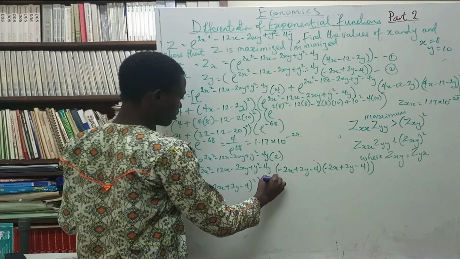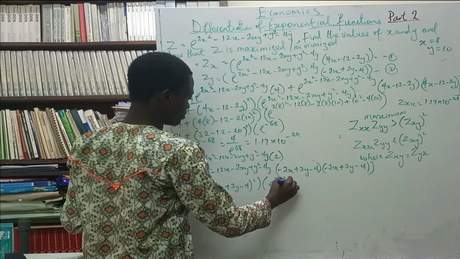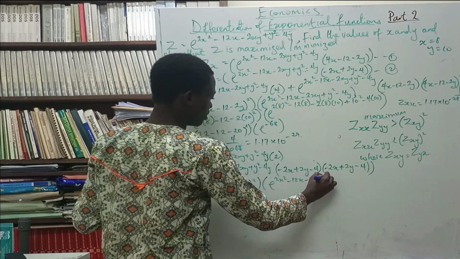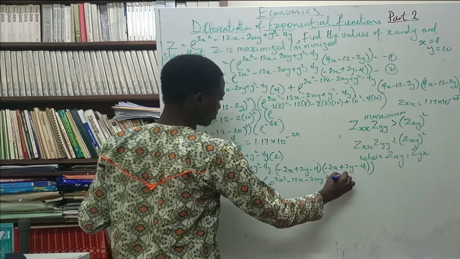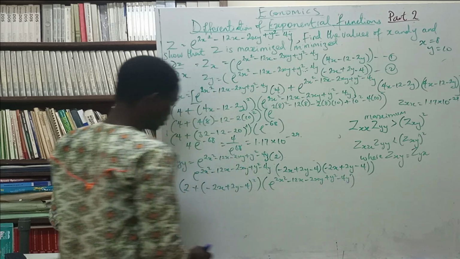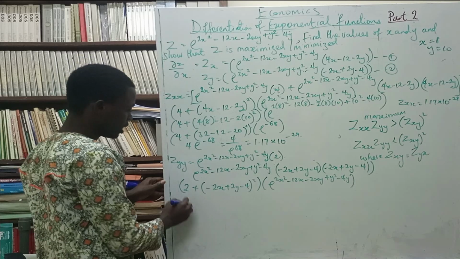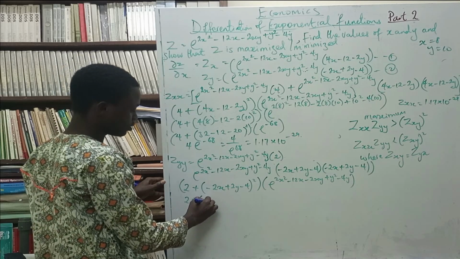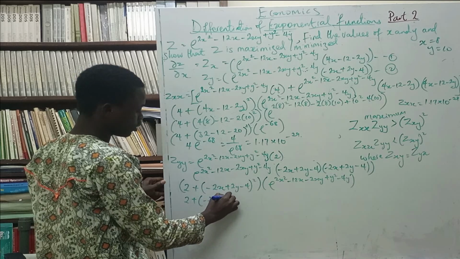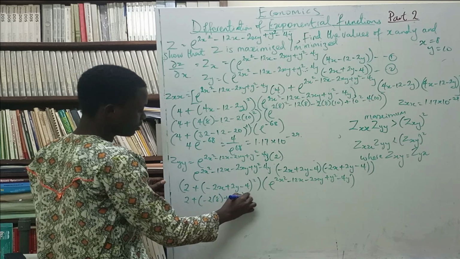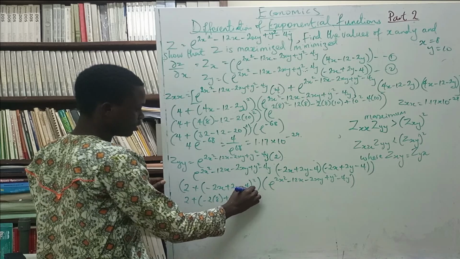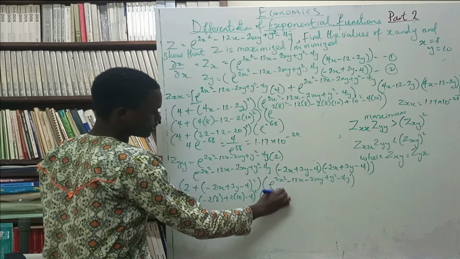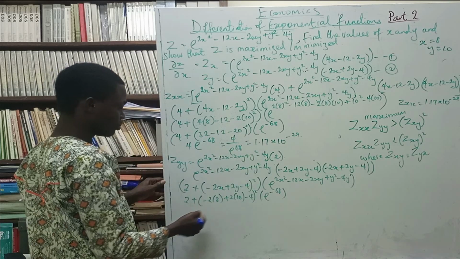E raised to power 2x squared minus 12x minus 2xy plus y squared minus 4y. Right. So if you substitute the values of x and y, you're having 2 plus minus 2 into bracket 8 plus 2 into bracket 10 minus 4 close the whole thing squared, and it's going to give us e raised to power minus 68, because it's still the same power.